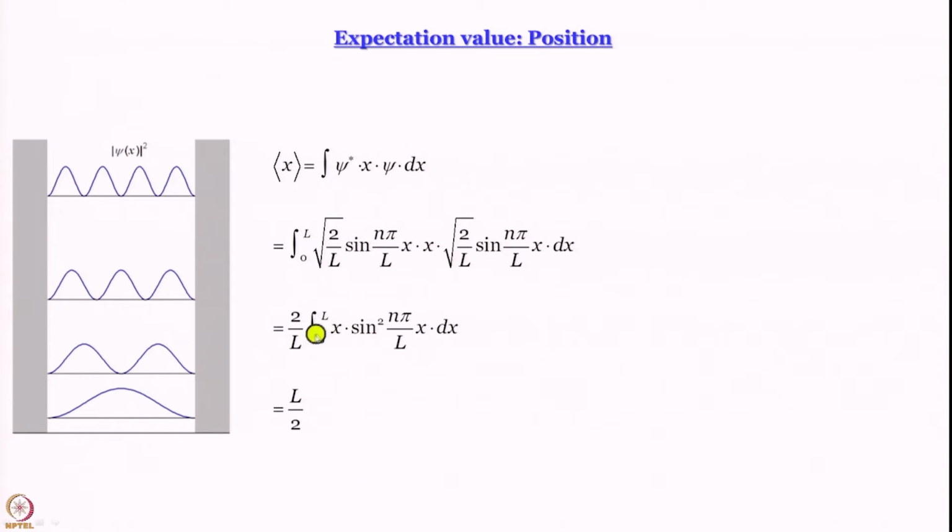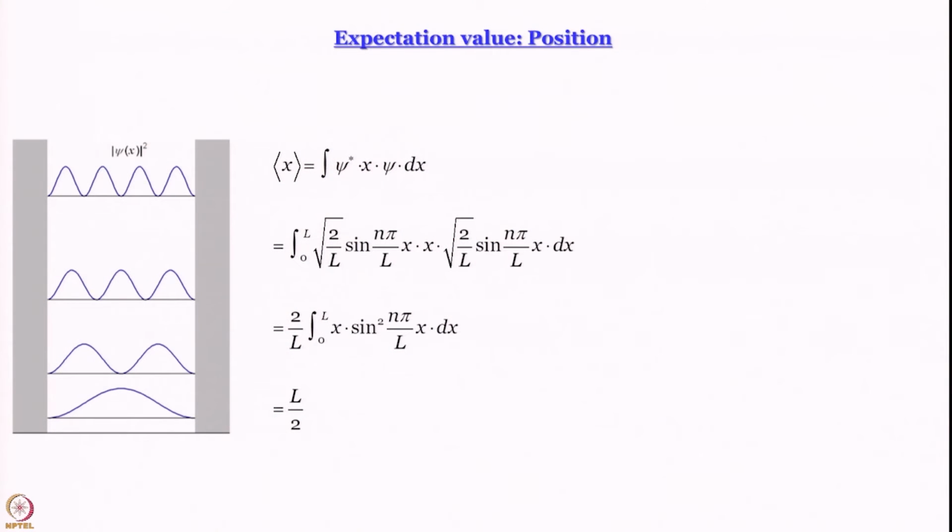That turns out to be 2 by L integral 0 to L x sin square n pi x by L dx. Now, I am not going to work out the steps of this integration, but it is not very difficult to figure out that this definite integral turns out to be L by 2.